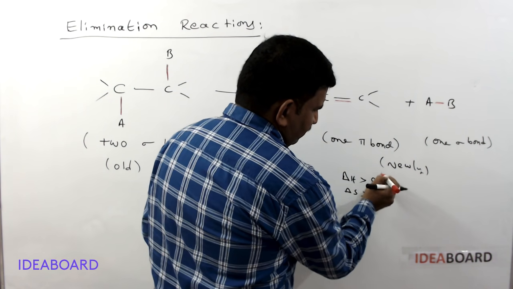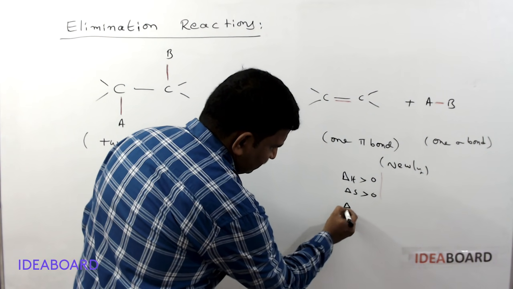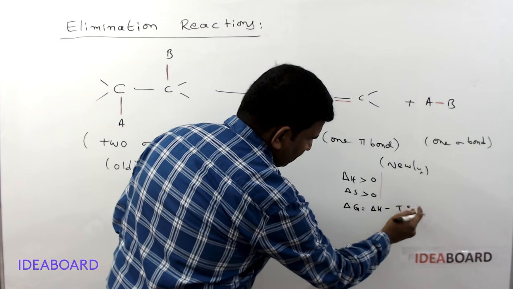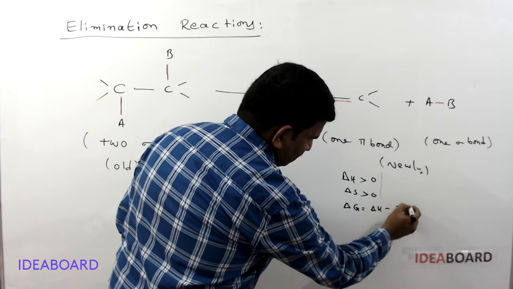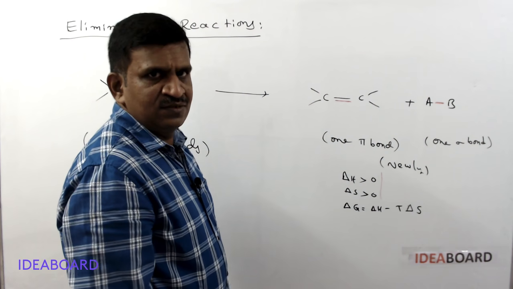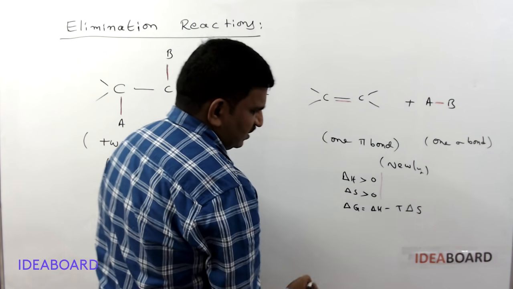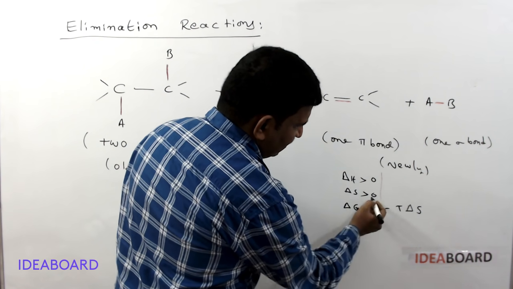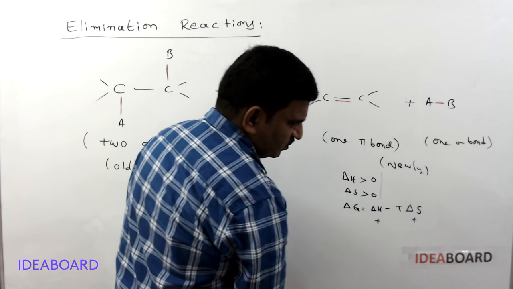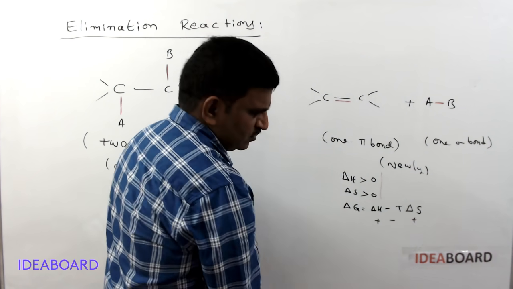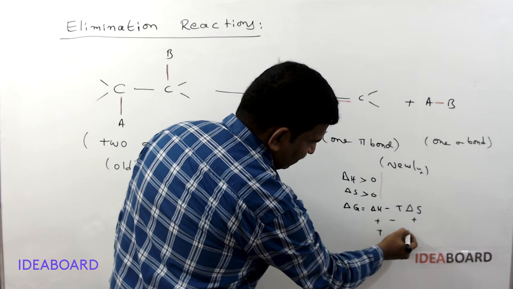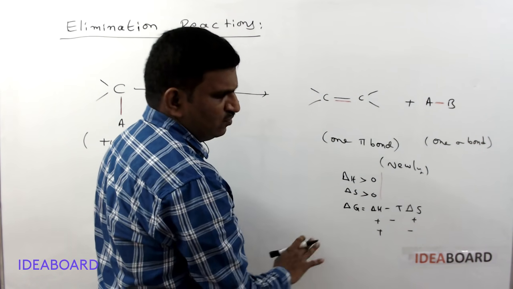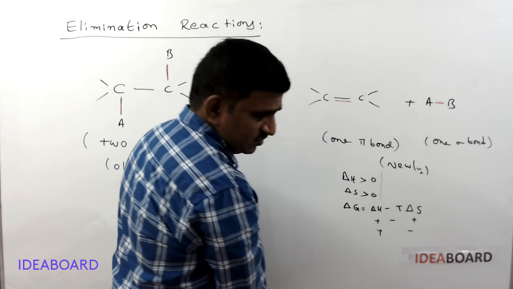Based on this, take the Gibbs free energy: delta G equals delta H minus T delta S. Delta H is greater than 0, so positive, and delta S is also positive. Here we have a minus sign, so this term becomes minus and the other is plus, and the total sum depends on the T value.